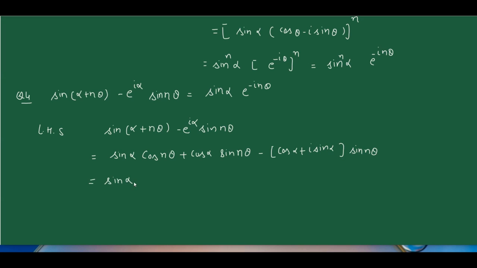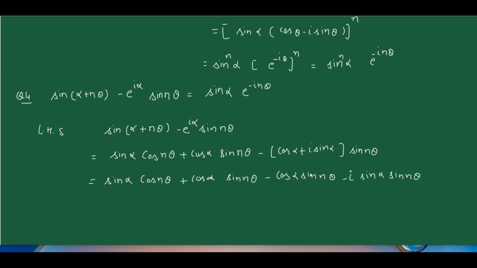Sin alpha cos n theta plus cos alpha sin n theta minus, open the bracket, cos alpha sin n theta minus iota sin alpha sin n theta.